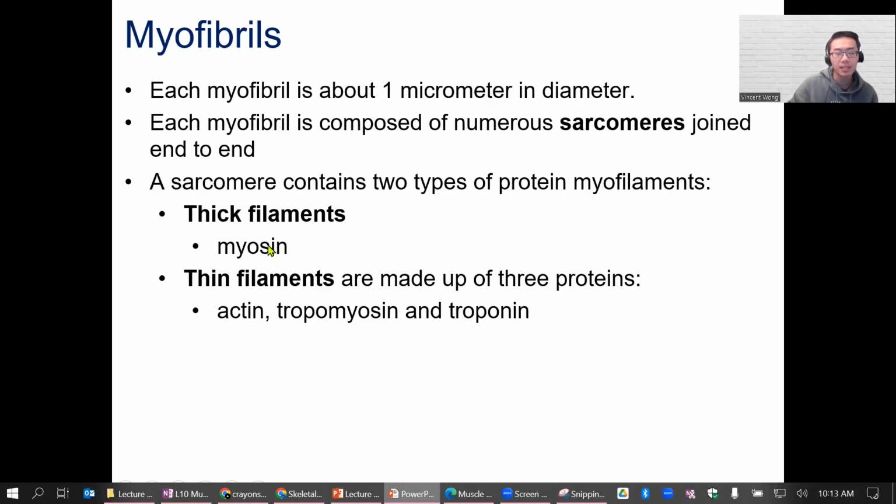We have the thick filament, which is the myosin. That's the one that has the heads. The heads will grab onto the thin filament, which is made up of actin, tropomyosin, and troponin. These 2 are new. Okay, I didn't tell you about them earlier, but they are there. Okay, and I'll explain what their functions are shortly.